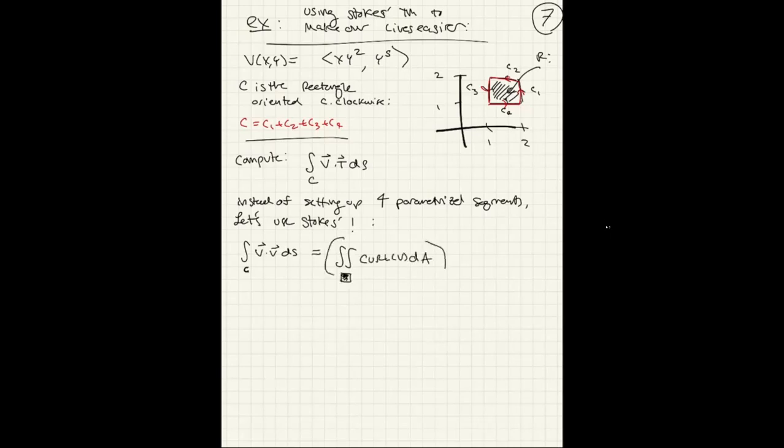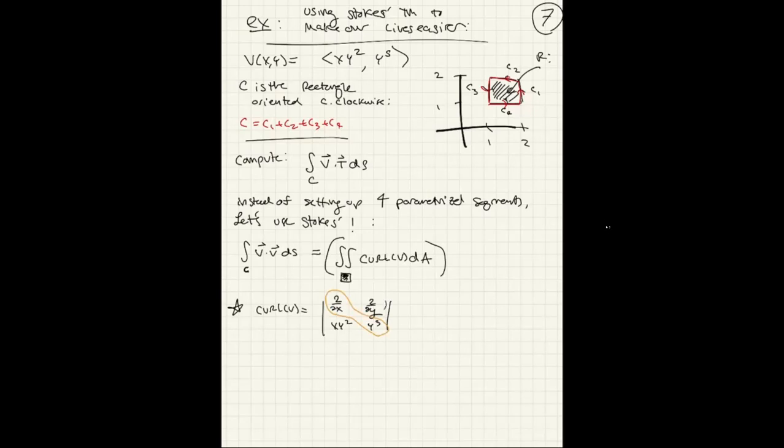Okay, so let's compute the curl of V. So we're going to need to know the curl. Remember, this is a little 2x2 determinant. I got my little derivative operators up here. And this is one way to set it up. This is xy squared, y to the 5. And I did this thing, like the Minnesota Vikings.